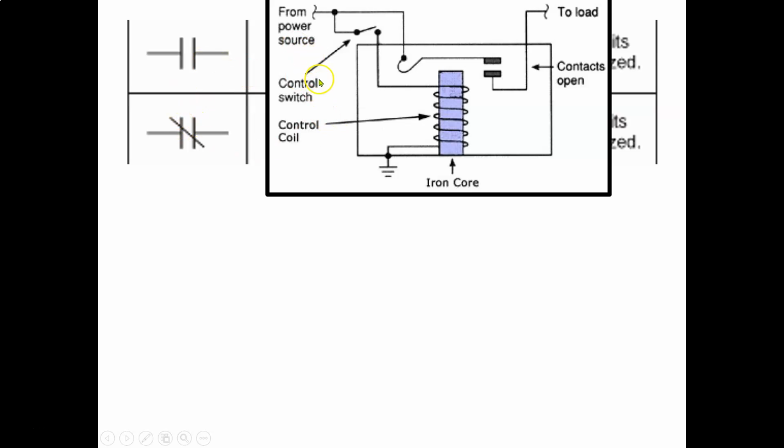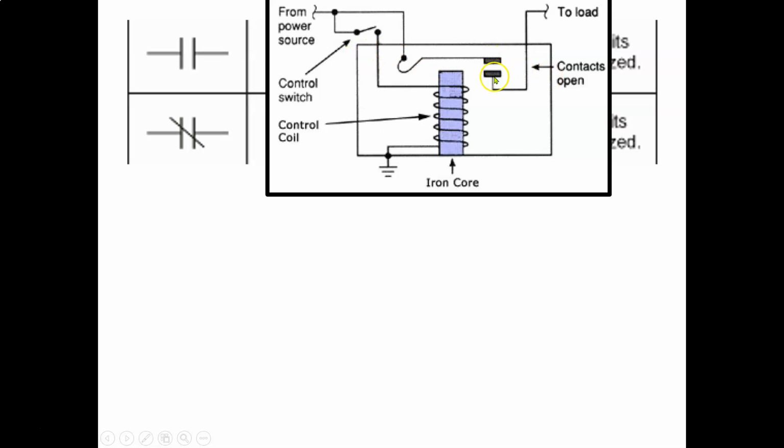All right, here's a little diagram here. So you have an iron core with a wrap of coil around it, right? And that's going to be your control coil. If you put a current through that coil, it's going to be creating a magnetic field. The magnetic field is causing this armature to pull in, which is going to close these normally open contacts.